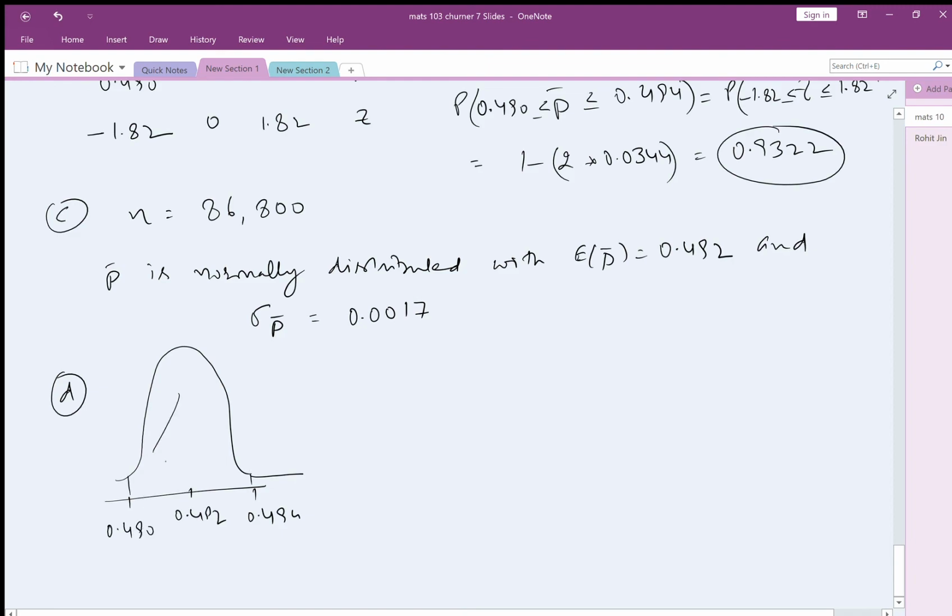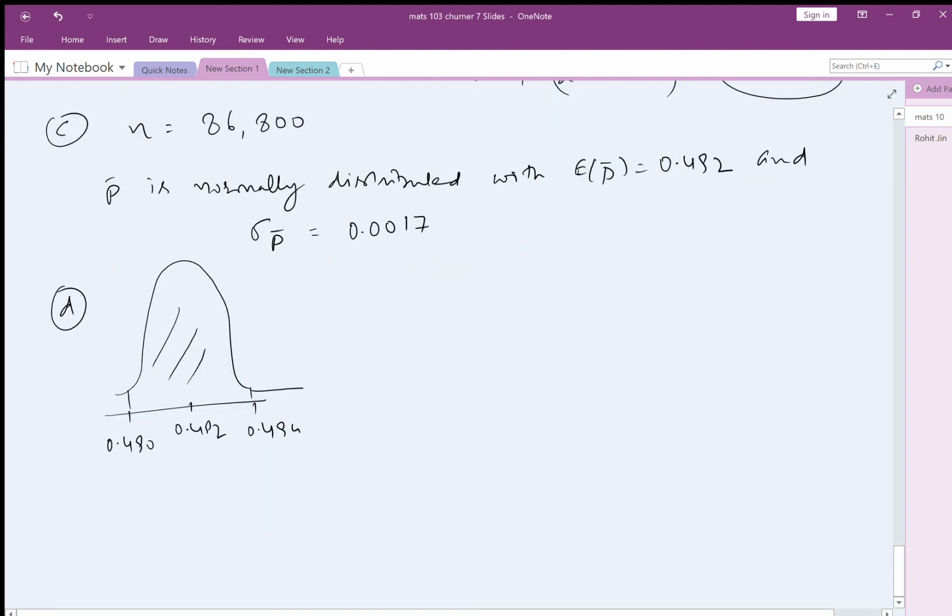You find the new z-scores because the sample size has changed, and you will find that the new z-scores are negative 1.18 and positive 1.18, and this area should be 0.1190, and this area is 0.1190 as well.